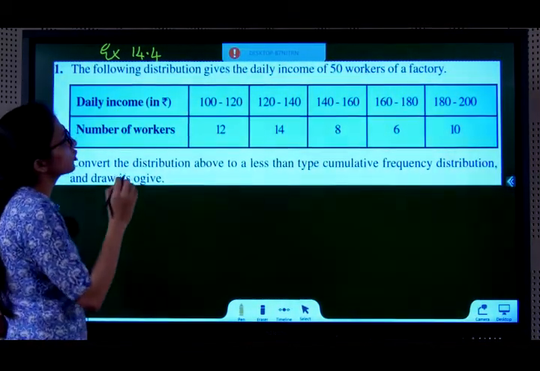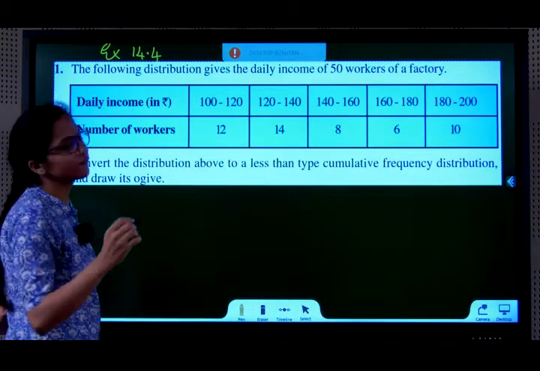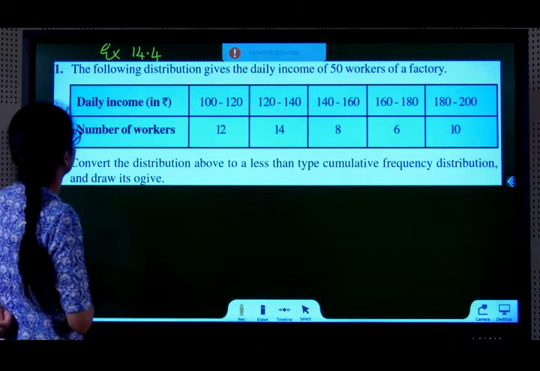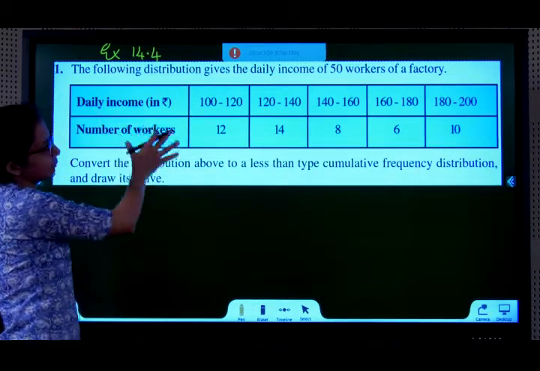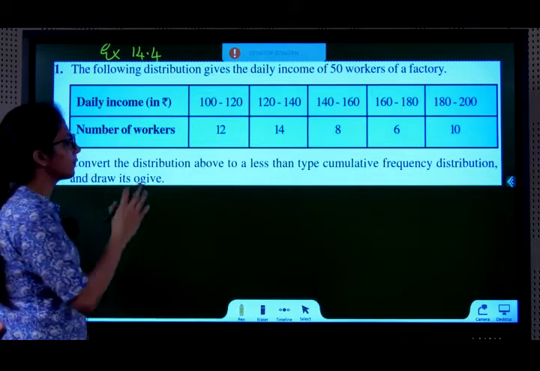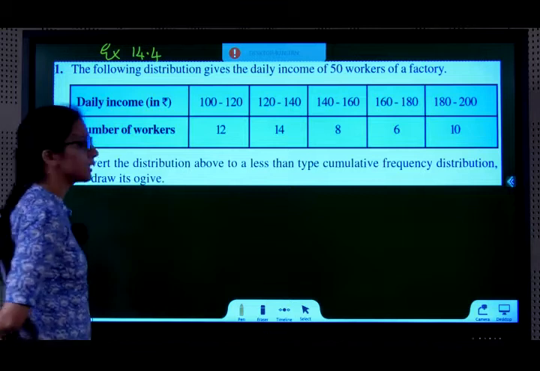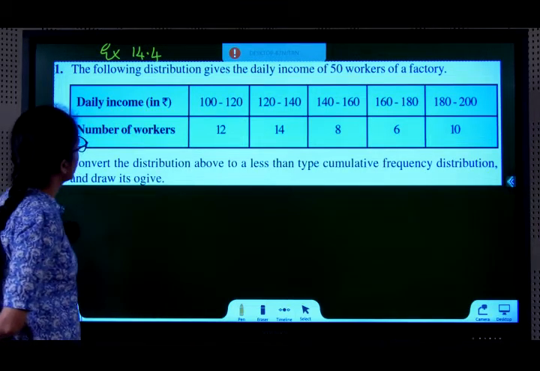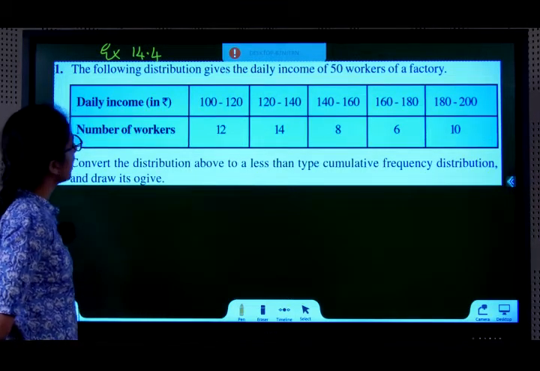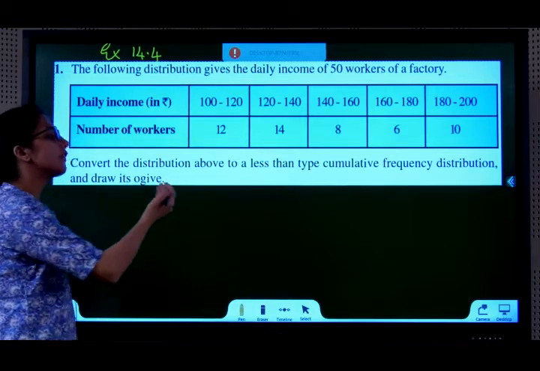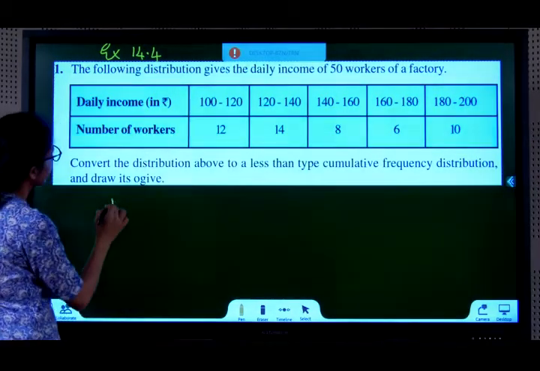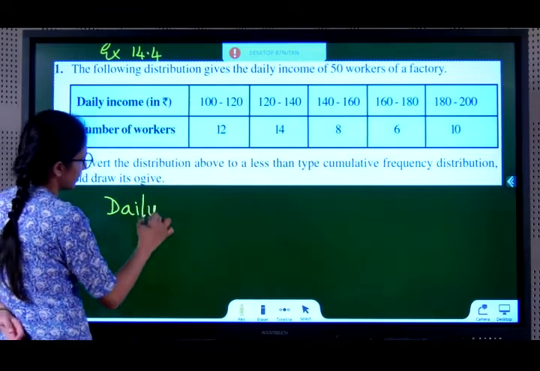The following distribution gives the daily income of 50 workers of a factory. Daily income and number of workers. Convert the distribution table above to a less than type cumulative frequency distribution and draw its ogive. So now, to convert this to a less than type, they have given you daily income classes.